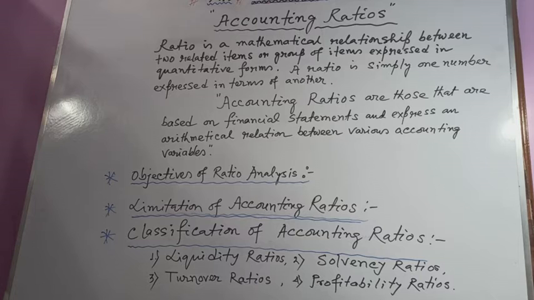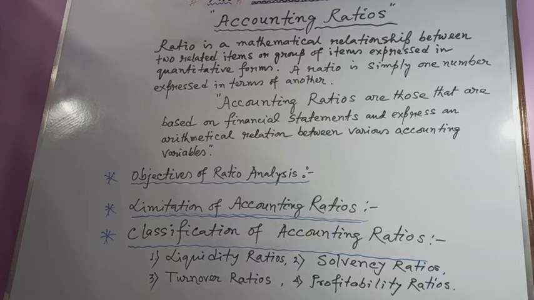Another limitation, ratio may be misleading in the absence of absolute data. Another limitation, use of a single ratio. What do you mean by single ratio? That means the analyst should not merely rely on a single ratio.